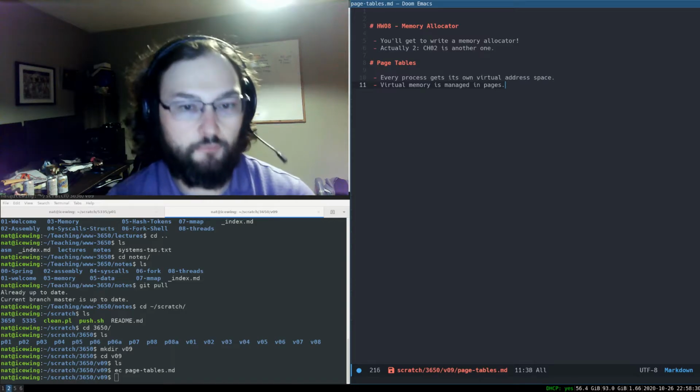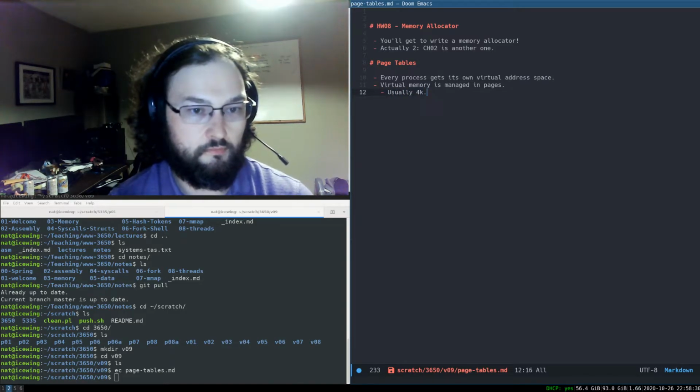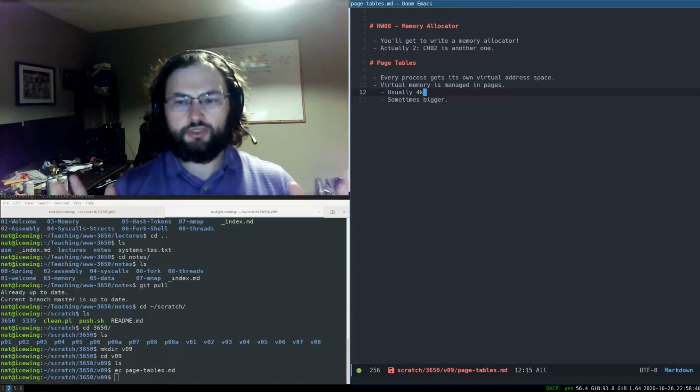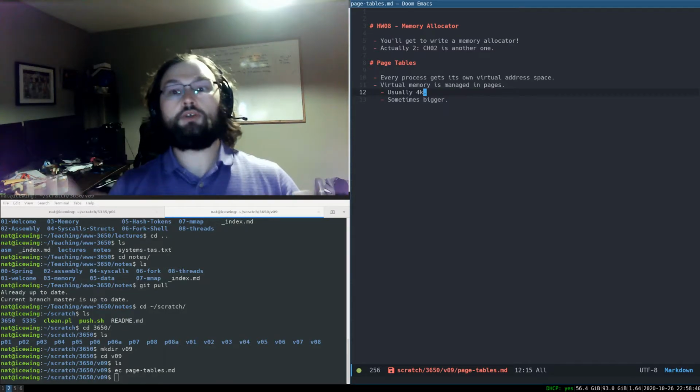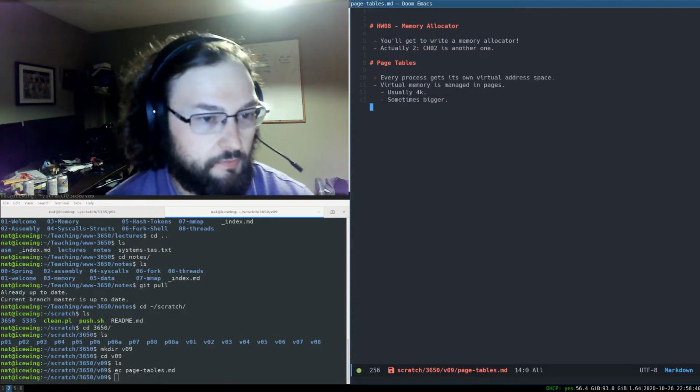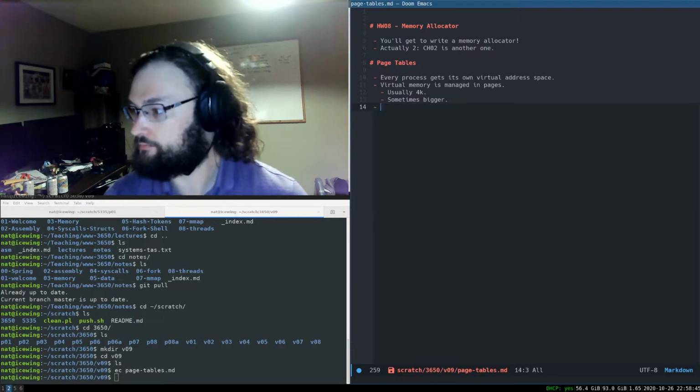Pages are usually 4K. But it turns out that we actually sometimes can have bigger pages. Mostly we can ignore that for the purpose of this class, but it's important for completeness.